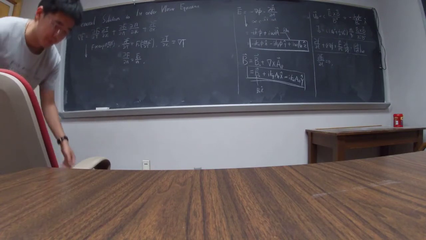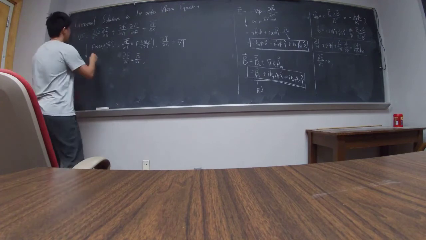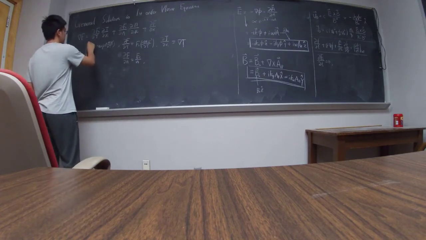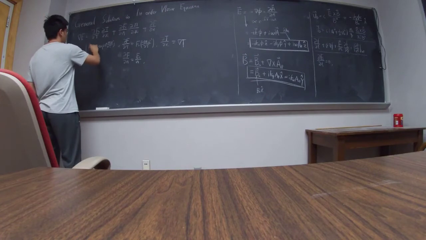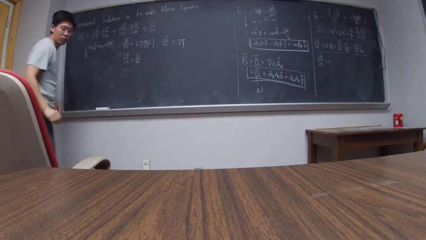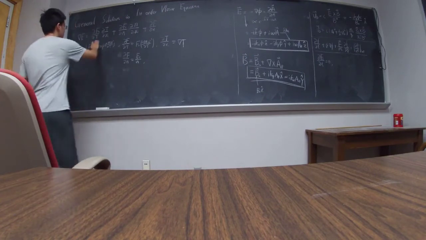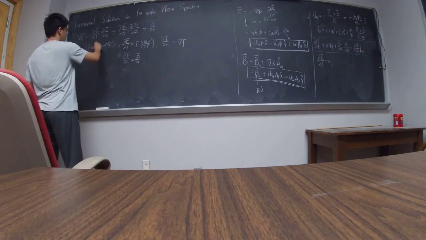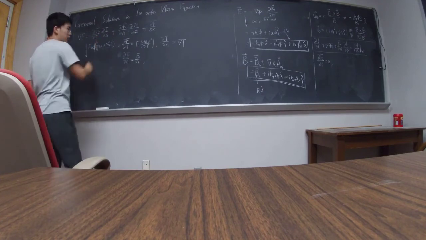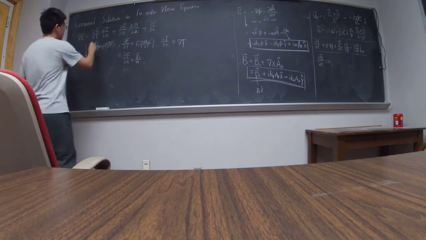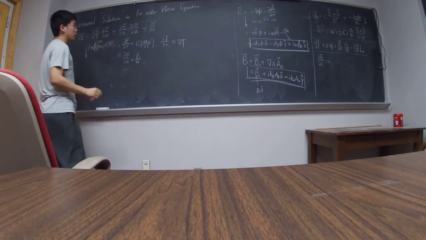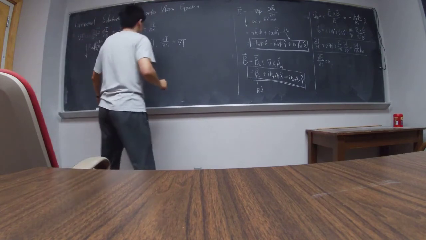Oh, I'm sorry, because the f is also proportional to 1 over t to the 3/2. Then it's not just this.